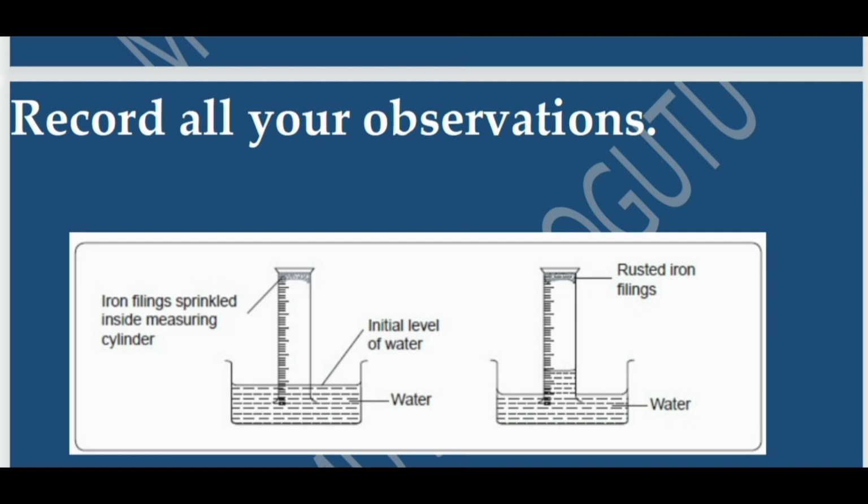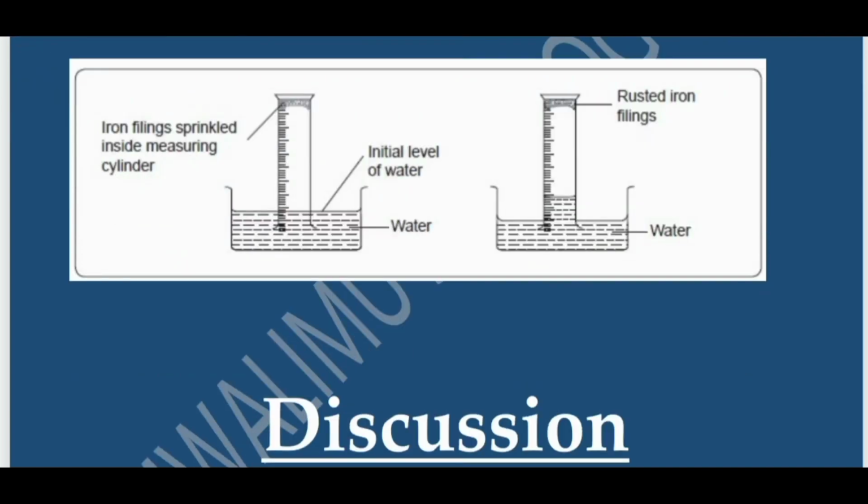After those 48 hours, we'll see that the water level has risen inside the measuring cylinder, because the active part of air has been used to react with the iron filings, so that the iron filings will rust. The iron filings will corrode. The corroding of the iron filings is aided by the active part of air, which is oxygen.